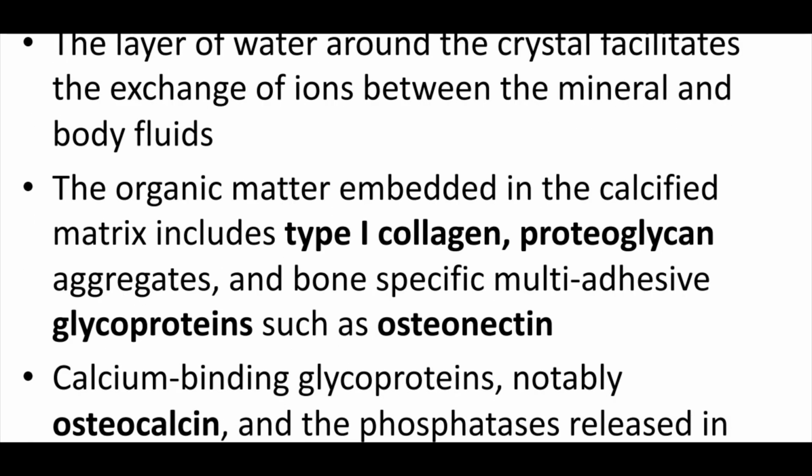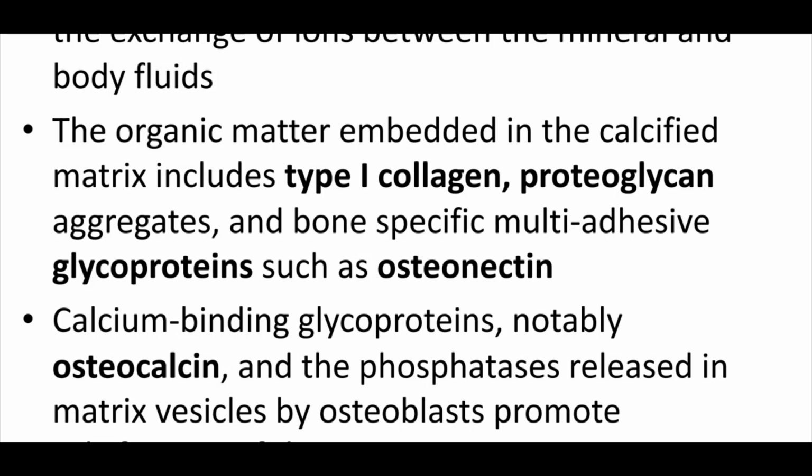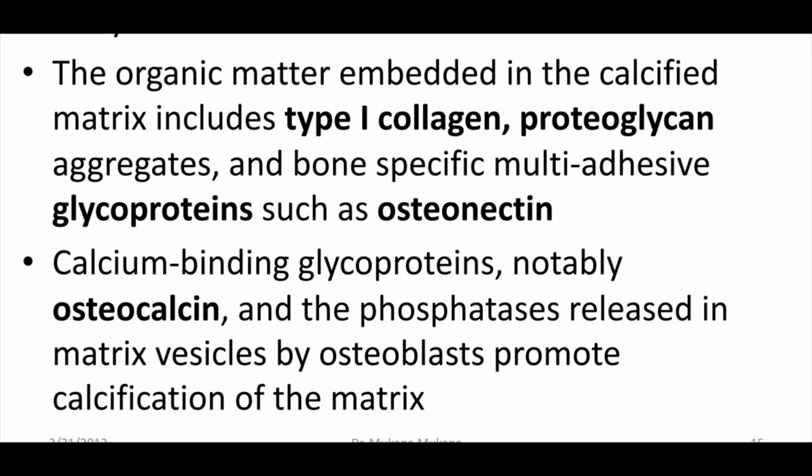The organic component, as we've already earlier discussed, contains type 1 collagen, glycoproteins, and proteoglycans. Okay, there are specific glycoproteins in the organic component of the bone, such as osteonectin. Calcium binding glycoproteins such as osteocalcin and the phosphates released in the matrix vesicles by osteoblasts promote calcification of the matrix.